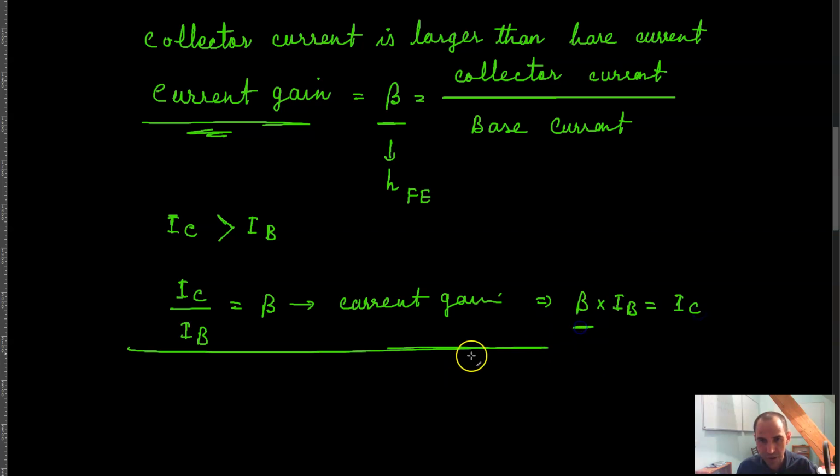So this beta is constant. You cannot change it. The higher your I_B, the higher your I_C is going to be, meaning that your I_B, whatever it is, is multiplied by beta, and as a result you will get some I_C on the other side of the equation. So that way you can control the collector current of your transistor.